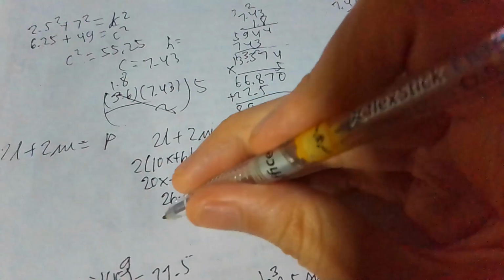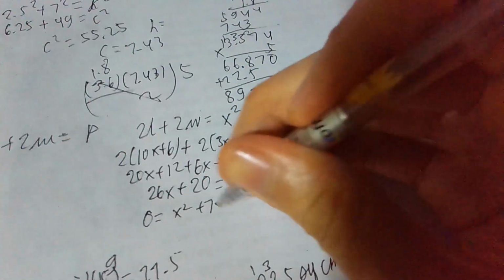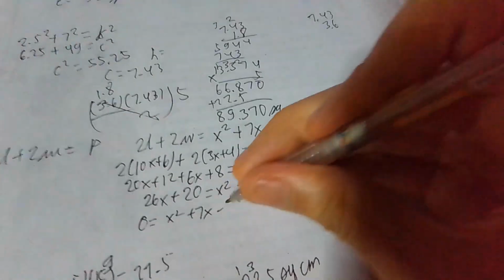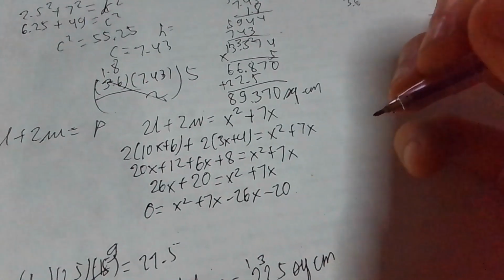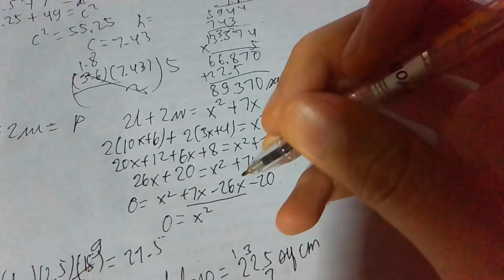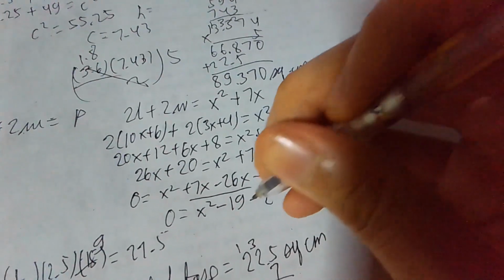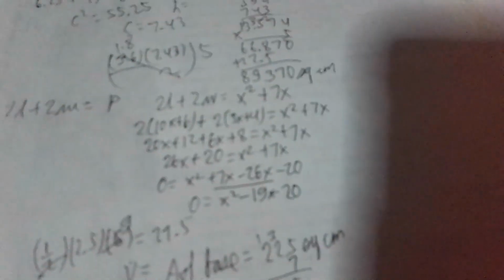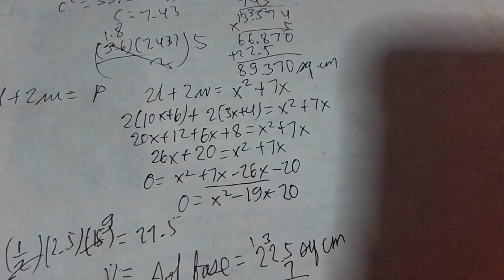Now, our formula will go like this. 0 is equivalent to x squared plus 7x. Shifting 26x to the other side, you get negative 26x. Then negative 20. Then with that, set it equal to 0. Combining like terms with the x's, you should get x squared minus 19x, x pala, minus 20. Alright? So this is going to be our formula.